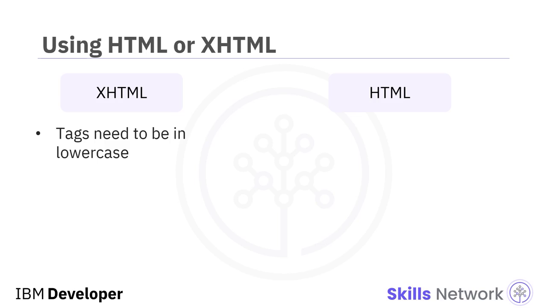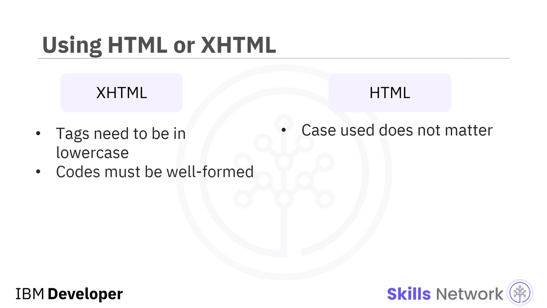However, XHTML tags all need to be in lowercase, while the case used does not matter in HTML. In addition, XHTML must be well-formed. Every element must have an end tag. All attributes must have a value, and double or single quotation marks must surround all attribute values.